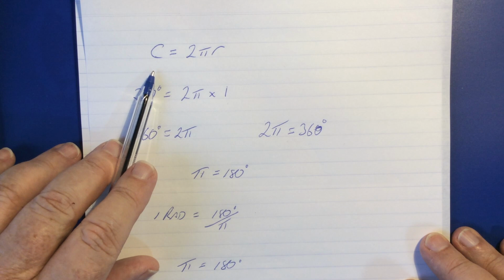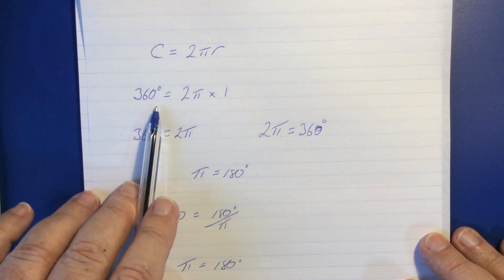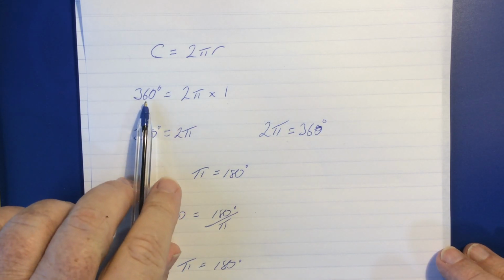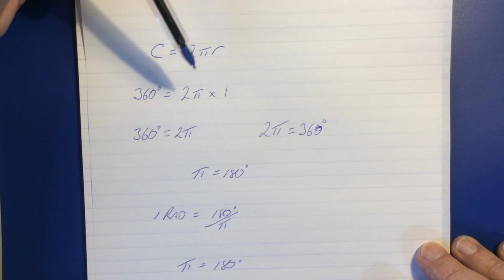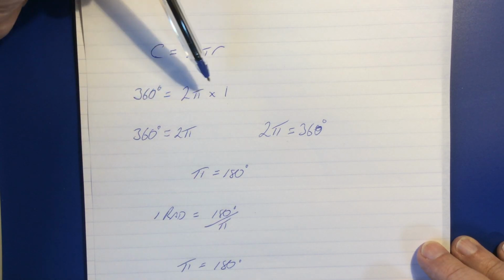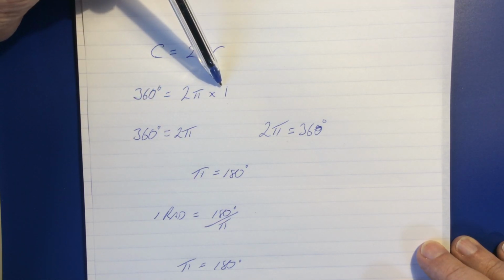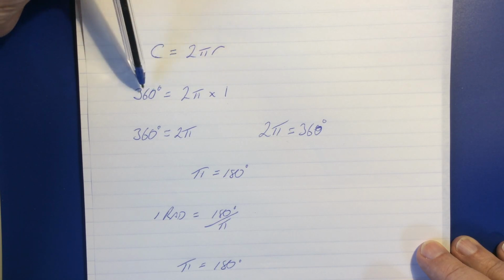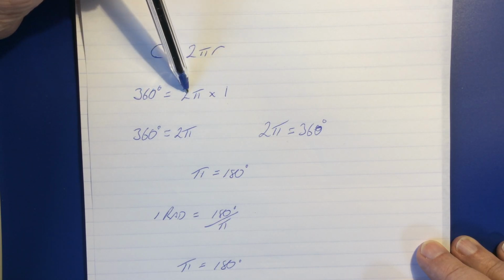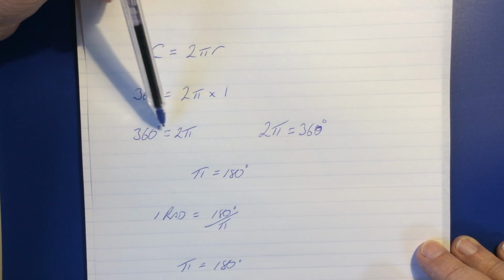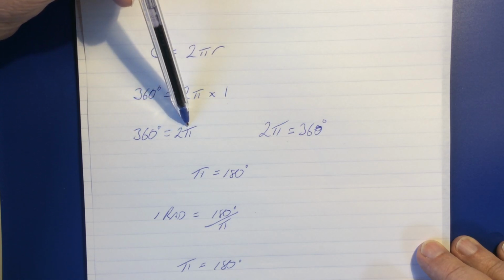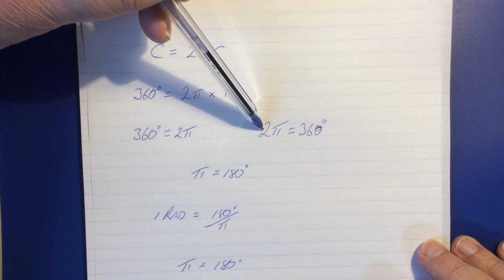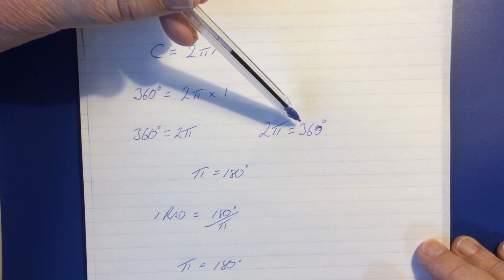And if we substitute for circumference the measurement around a circle in degrees, which is 360 degrees, and we are talking about our unit circle, the one that you just saw, with a radius of 1, then 360 degrees is equal to 2 times pi times 1, or 360 degrees is 2 pi, which we can write this way, which tends to read better.